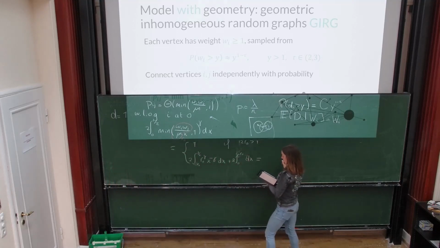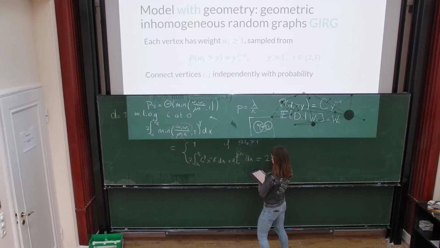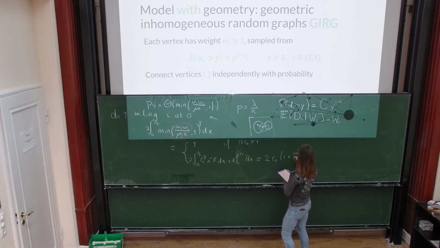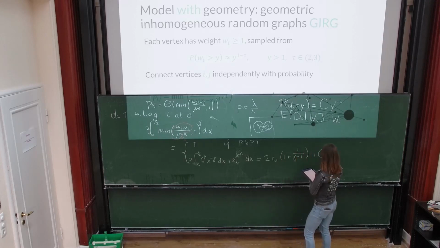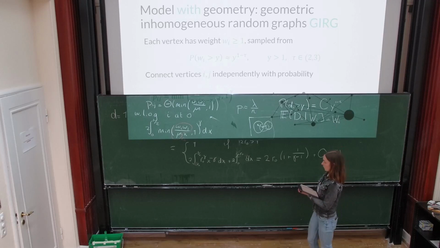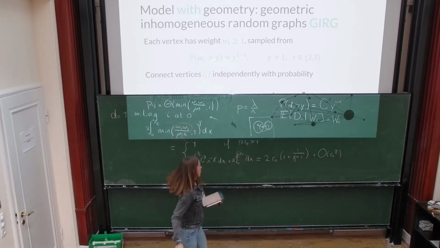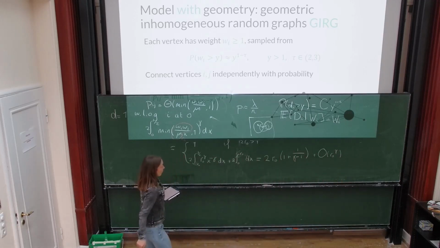But you can just compute this, and then you get that this is 2 times R0, 1 plus 1 divided by gamma minus 1, plus R0 to the power gamma. So what does that mean?